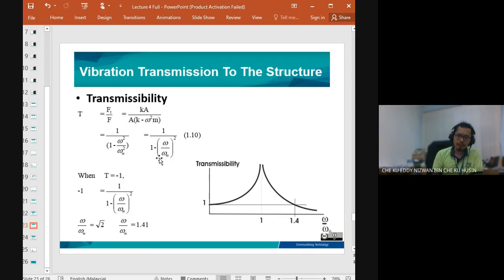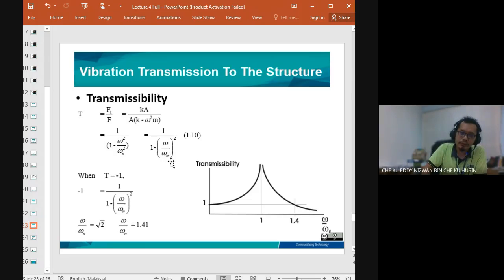Based on the response, when omega over omega n is equivalent to 1, the excitation speed is equivalent to the natural frequency, and there is a resonance.